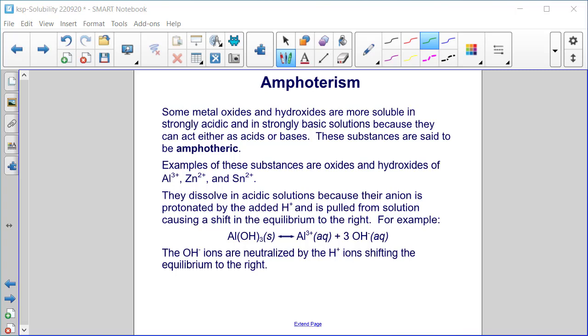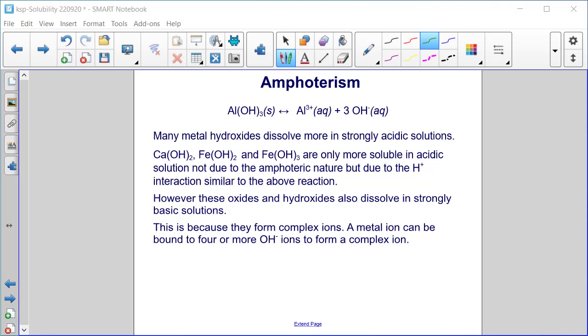For example, aluminum hydroxide, solid, dissociating into aluminum ions and hydroxide ions. These hydroxide ions are neutralized by the hydrogen ions in an acidic solution that would decrease the amount of the hydroxide ion and then shift the equilibrium to the right, making aluminum hydroxide more soluble in acidic solution.